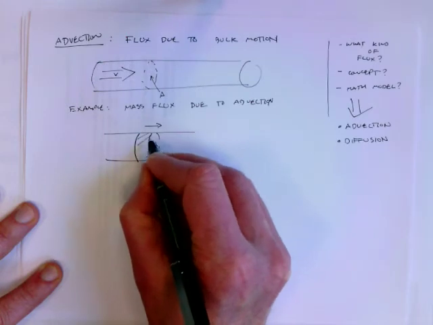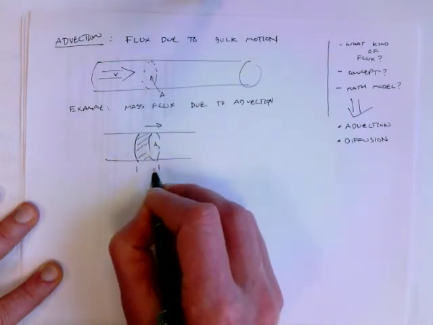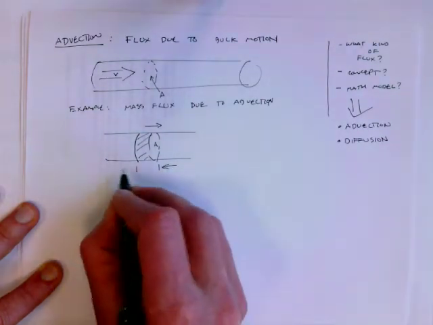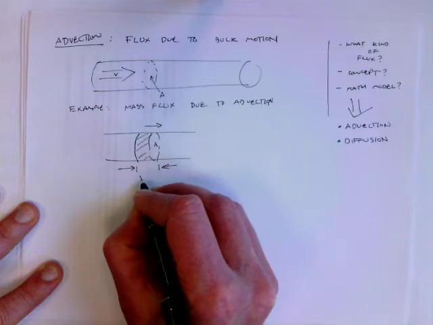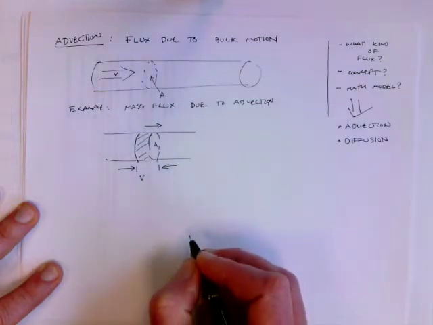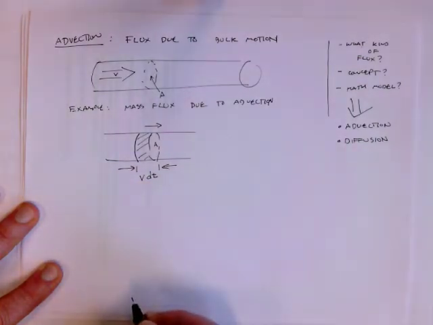You're going to have this hockey puck of mass passing through, and the width of that hockey puck depends on how fast the mass is flowing and also how long you wait. So this width is simply the speed the fluid is moving times the differential time that's passing.